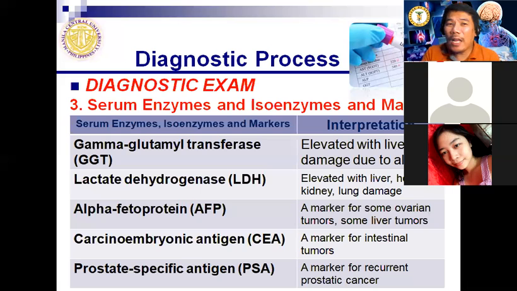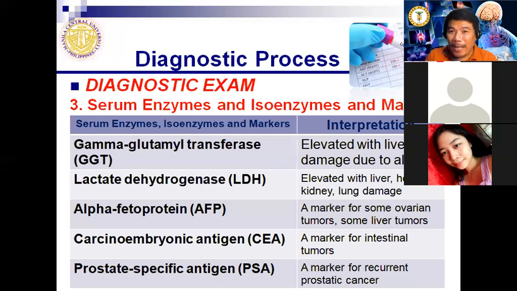The succeeding tests that I will be talking about are related to tumors or cancer. Alpha-fetoprotein, okay, or AFP, are the tests that are markers to identify ovarian tumors. Class, tumors are abnormal growth of cells.